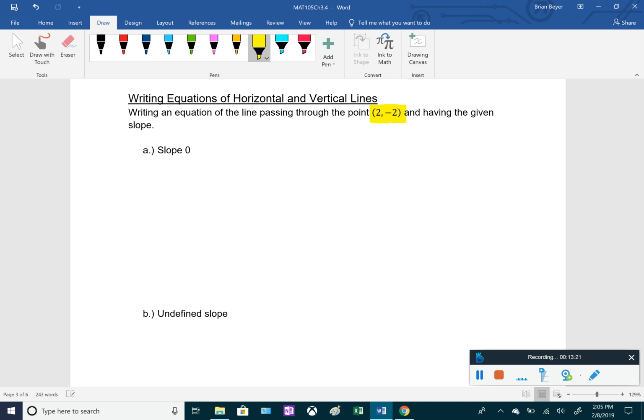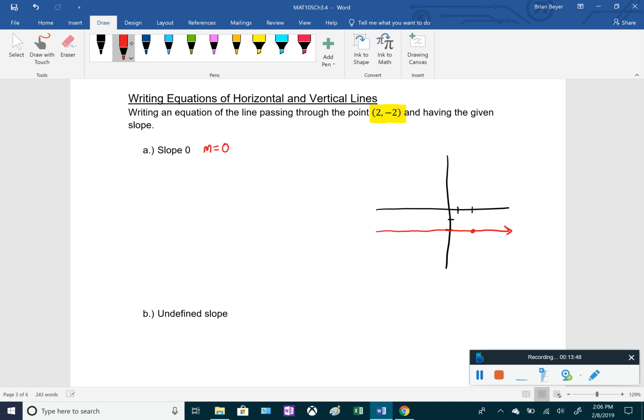Okay, so what this means is, let's plot this down real quick. So (2, -2), 1, 2, 1, 2 would be right here. A slope of 0, this is m equals 0. There's kind of two ways to think about this. What this means is that this is a horizontal line, right?